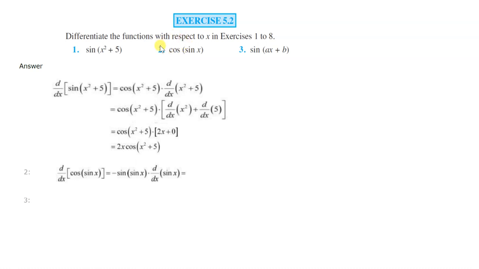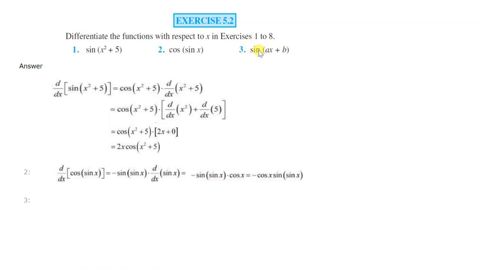The differentiation of cos x is minus sin x, so the differentiation of cos sin x will be minus sine of sin x, and then the differentiation of this sine function, that is the cos function. So we get cos x into minus sine of sin x, that is, minus cos x sine of sin x.